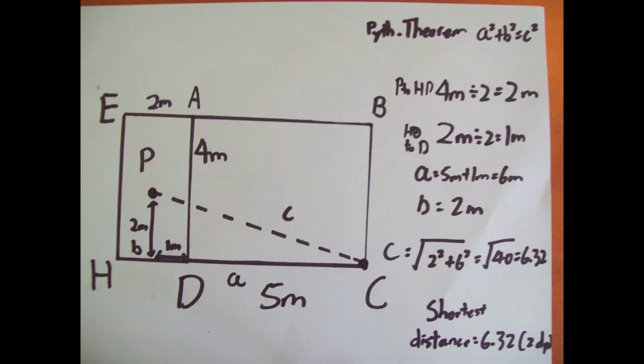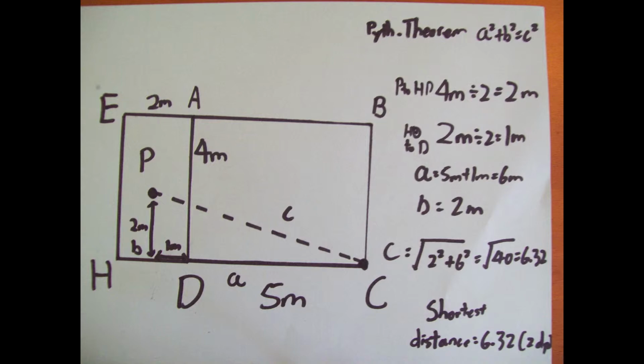So, to find PX, we have to divide 4 meters by 2, which gives PX a length of 2 meters, and XD is 1 meter, as HD is 2 meters and DX is half of HD. As the Pythagoras theorem goes, a squared plus b squared is equal to c squared. a and b are the sides of the triangle which are not the hypotenuse, and if you square them, add them together and square root them, you get the length of the hypotenuse of the triangle.